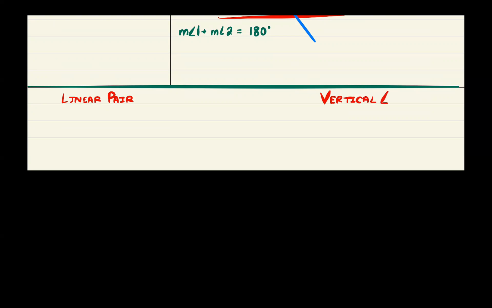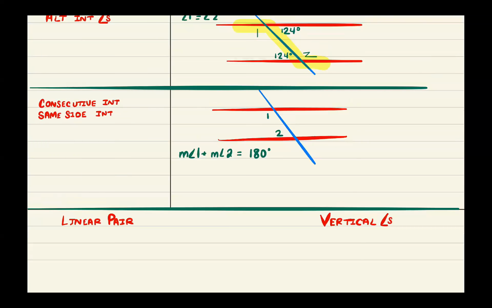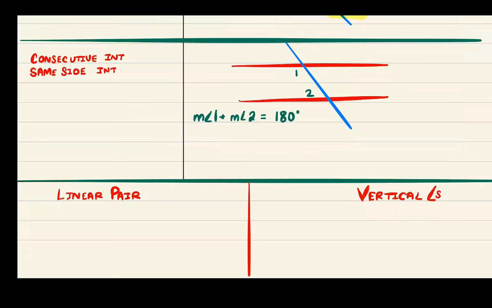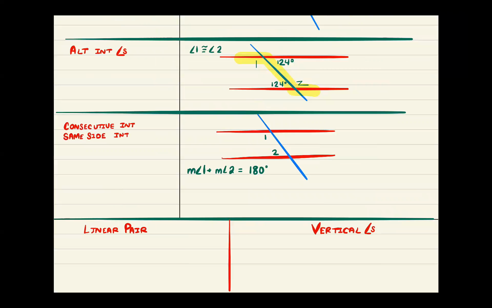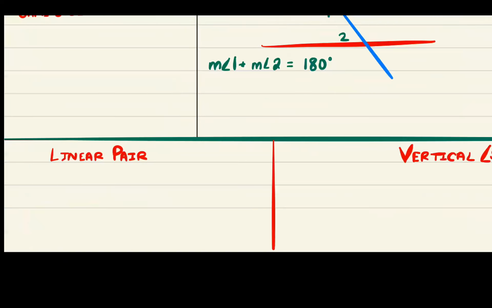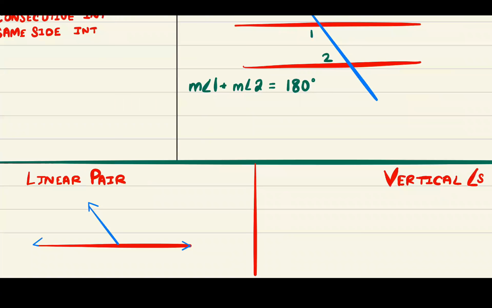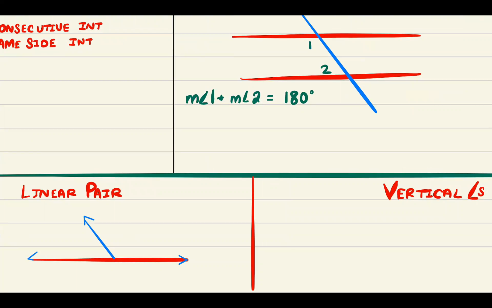Yes, that's my fault. We lost the whole vocab day, losing a day a week. So if I drew a picture here, a linear pair is being cut by a transversal, and vertical angles are just two straight lines cutting each other.